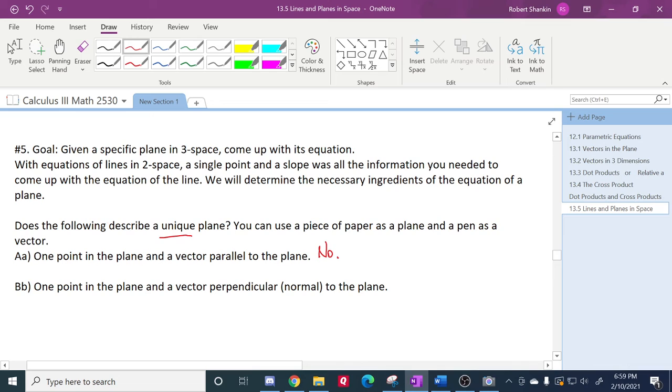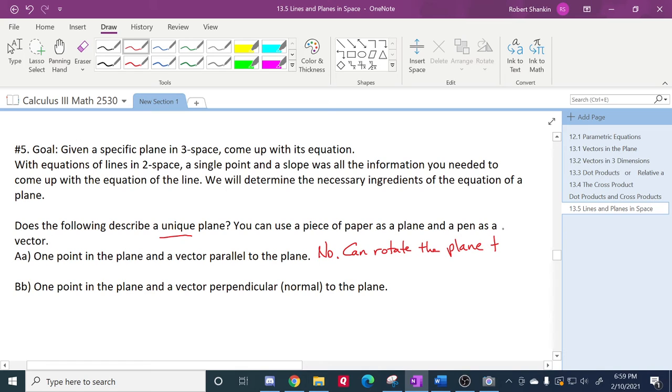We want it so that there's no other plane that could be done with the system. Just like a single point and a slope gives you a unique line, there's no other line, just one line with this point and this slope. We want the conditions for a plane, and that doesn't give you a unique plane. We can rotate the plane.